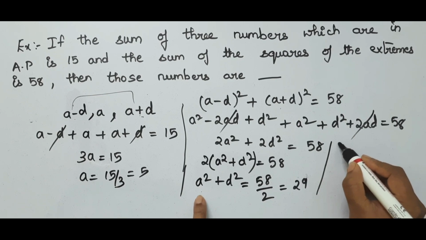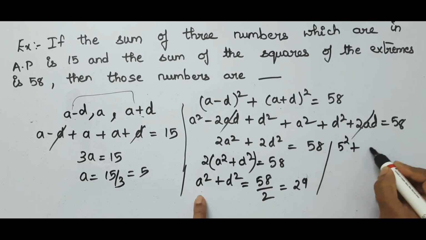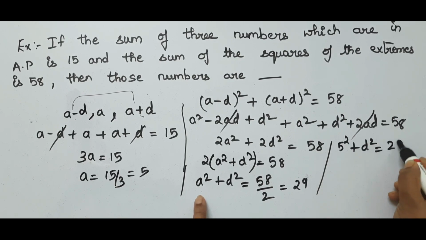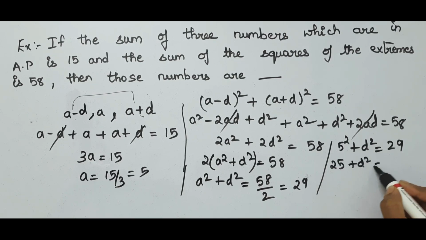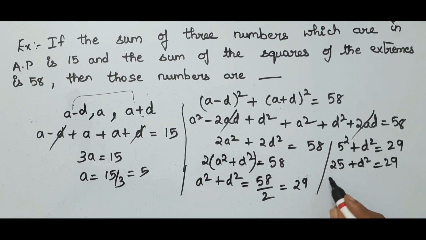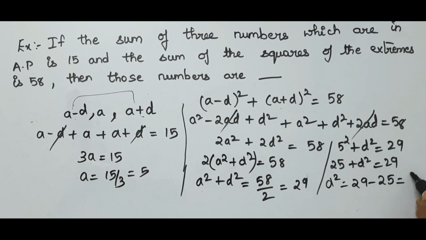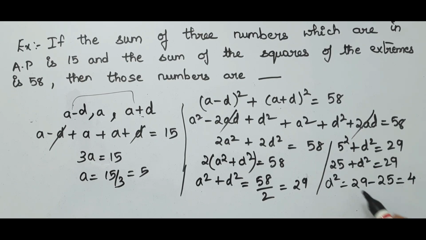So 5 square plus d square is equal to 29. So 25 plus d square is equal to 29. So d square is equal to 29 minus 25, which is 4. So finally we get d square is equal to 4, is it not? So d is equal to plus or minus 2.